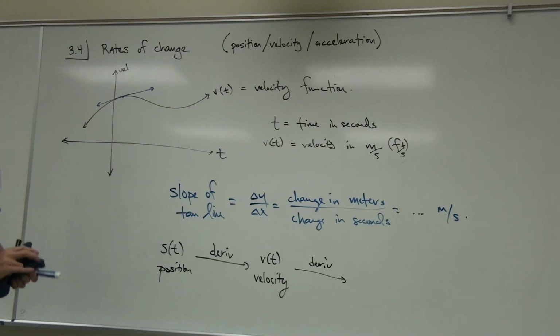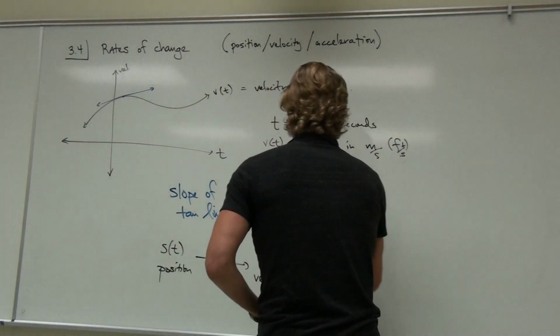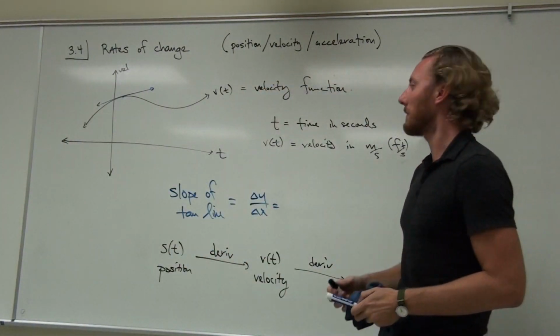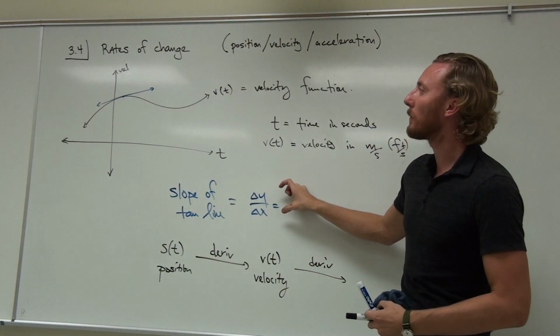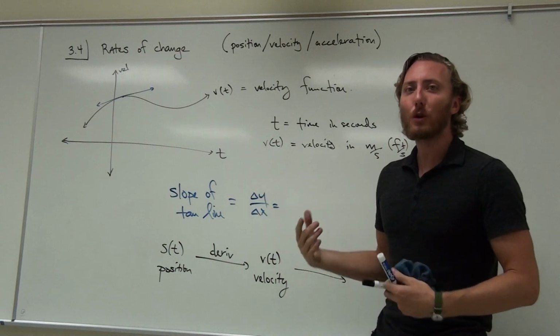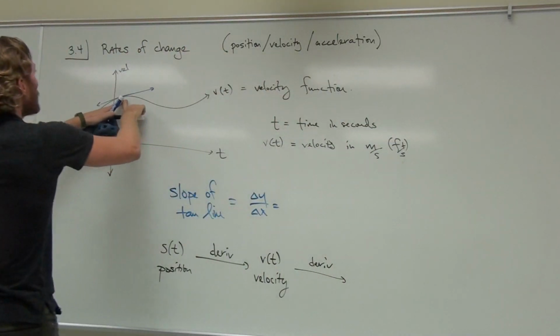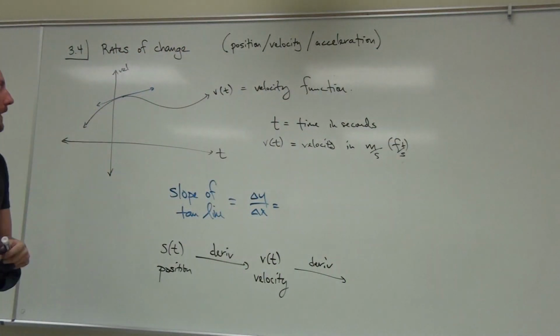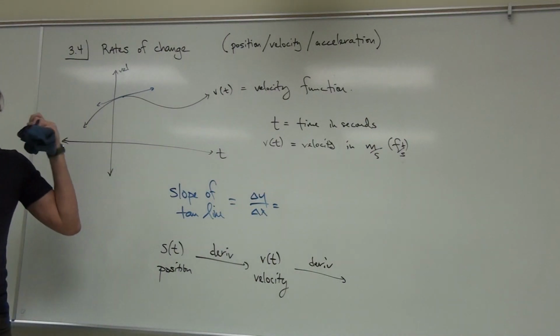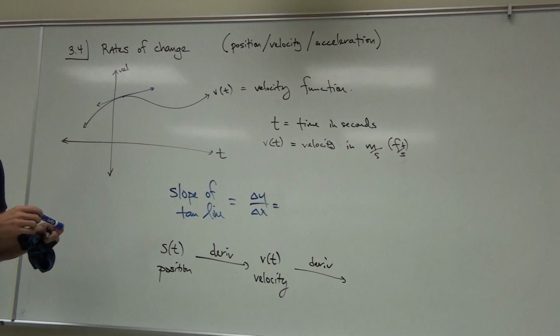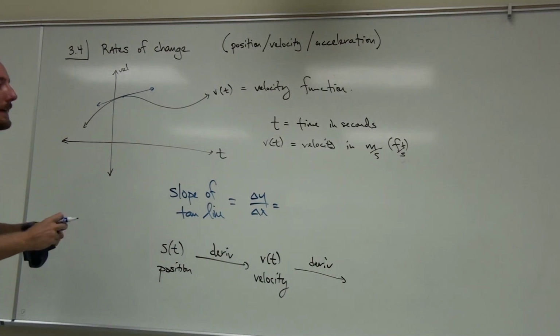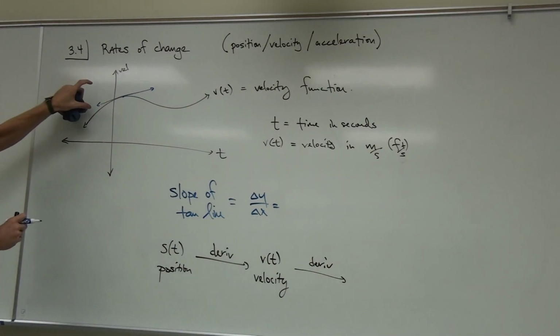Okay, now, let's try to find the slope of the tangent line in this case. As any slope is, it's rise over run, and as any derivative is, it's giving you the measure of the slope of the tangent line. So the question then becomes, what's the unit on this line if we're looking at the velocity function? Well, the change in y is going to be some change in vertical position.